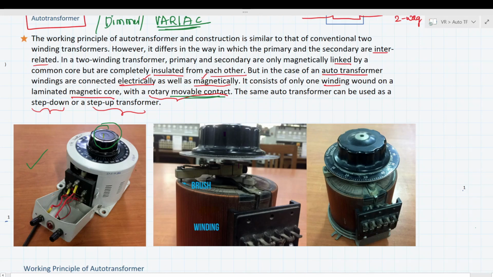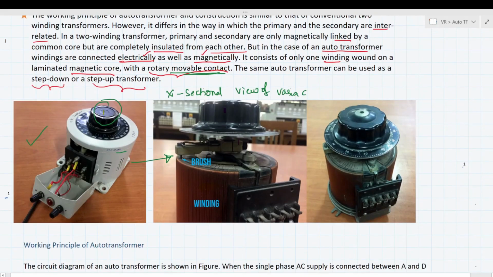If we open this box, the figure will look like this, the cross sectional view of the variac. You can see there is a winding, a copper winding, circular like this, and you can see there is a contact here.